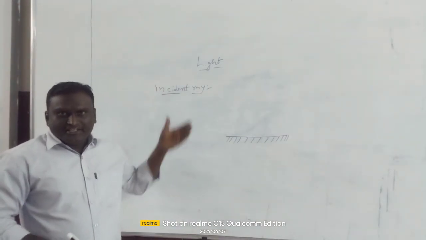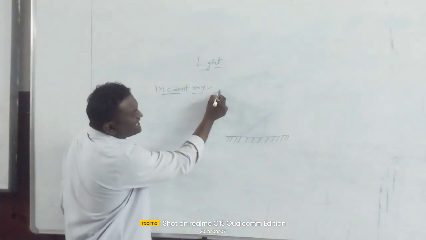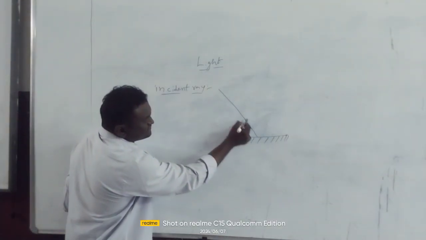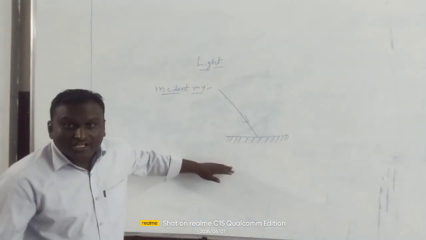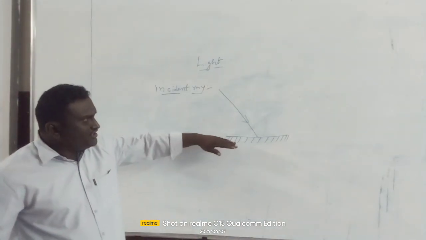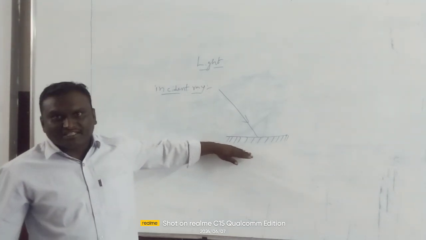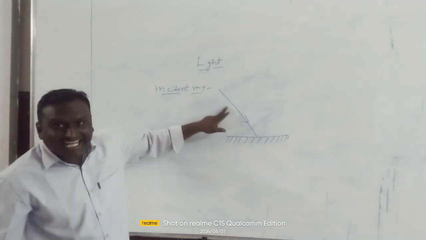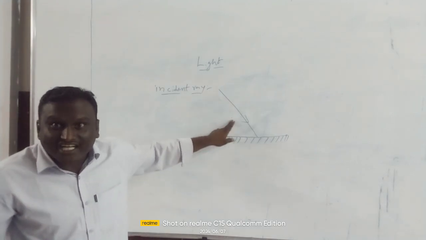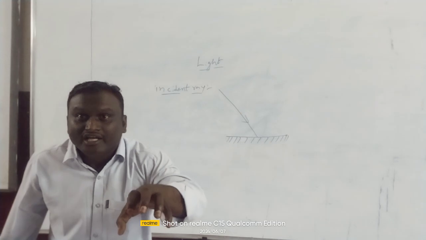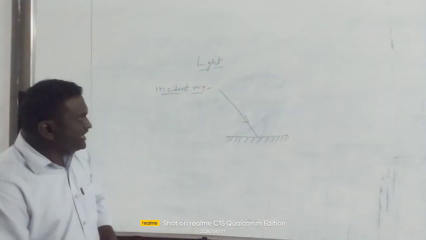The ray which strikes the surface is called the incident ray. Here, the surface is what? The plane mirror. The ray which strikes on the surface is called the incident ray.